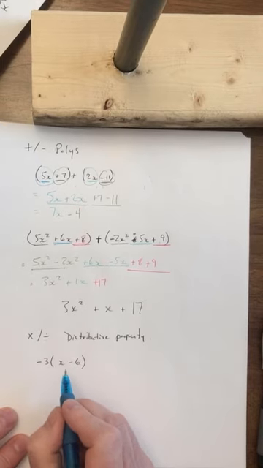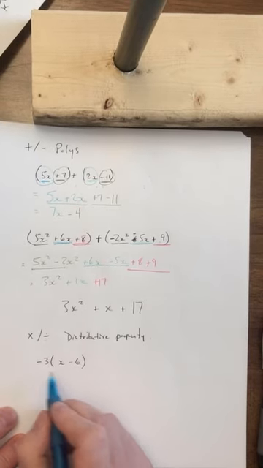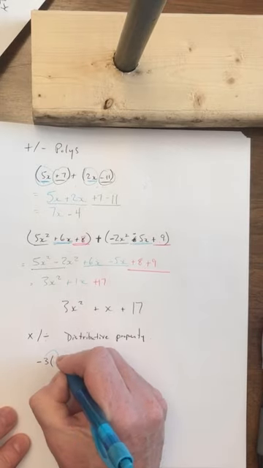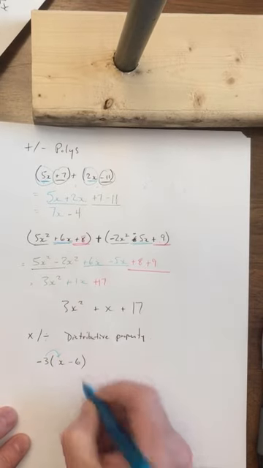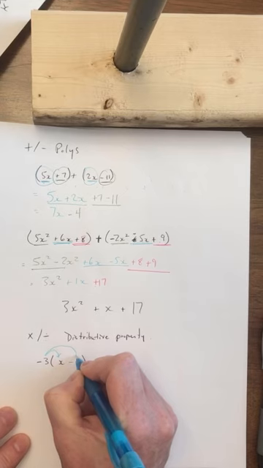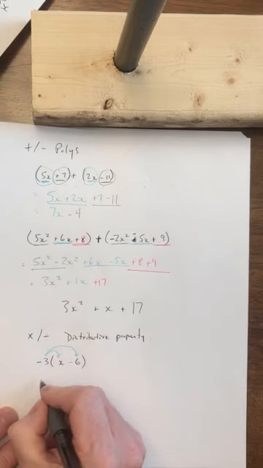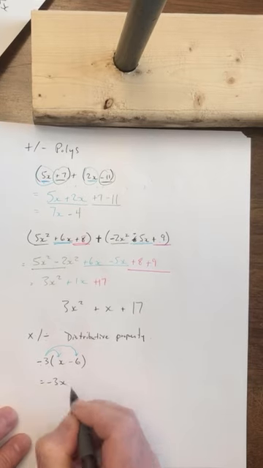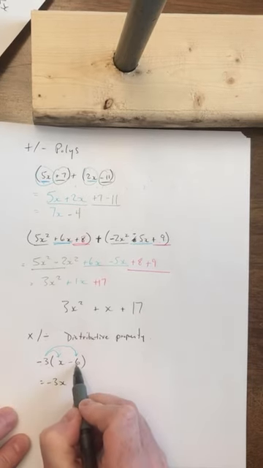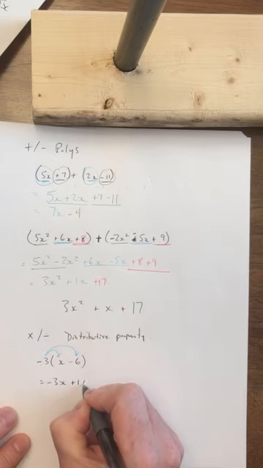And so every term inside the brackets has to get multiplied by negative 3. So it's negative 3 times this, and it's negative 3 times this. So negative 3 times x is minus 3x's. Negative 3 times negative 6 is positive 18.